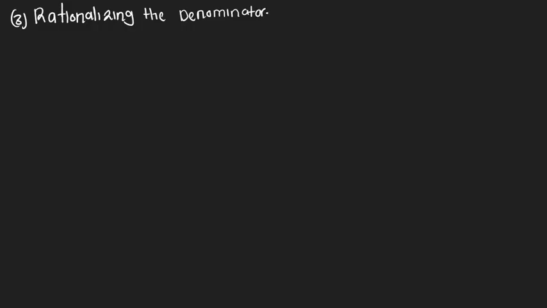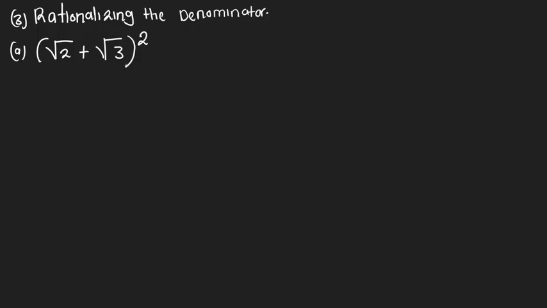Before we go to rationalizing the denominator, I want to show you something, guys. How do you find this? Suppose you have got the square root of 2 plus the square root of 3, and then they say everything to the power 2. How do you find that one?